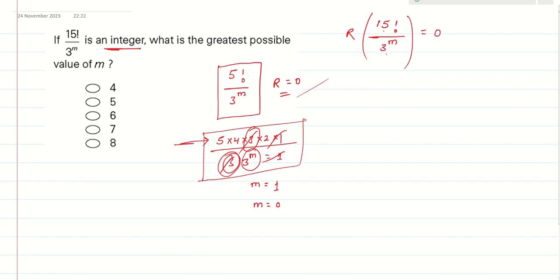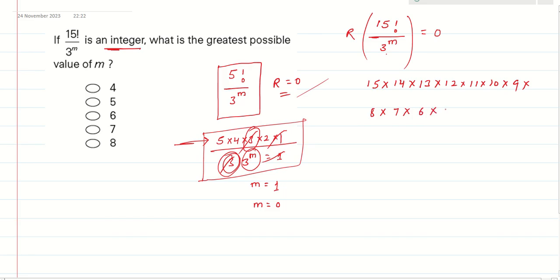How do you find out? One idea is going through the methodical approach. You write the complete number. 15, 14, 13, 12, 11, 10, 9, 8, 7, 6, 5, 4, 3, 2, 1.